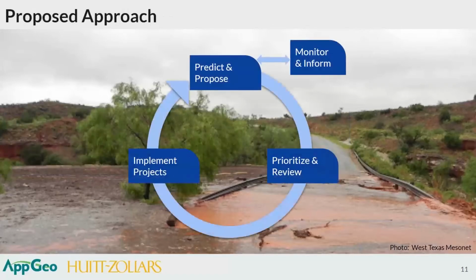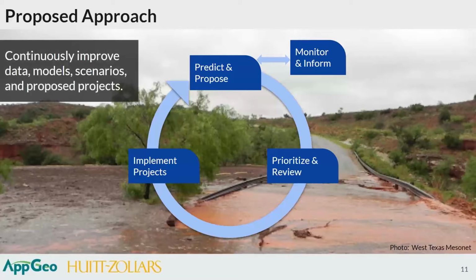So real quick, an overall approach to the regional flood planning process. Shown in blue here are each of the four major sub-processes that we see. We start, of course, with predict and propose, where we need to continuously improve data, models, model different scenarios, and propose projects.